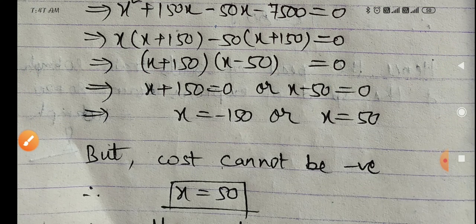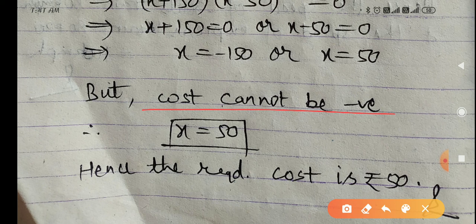When x plus 150 is equal to 0, x equals minus 150. When x minus 50 is equal to 0, x equals 50. But cost cannot be negative, you know very well. So x equals 50 means this is the required cost. So the required cost of the chair is rupees 50.